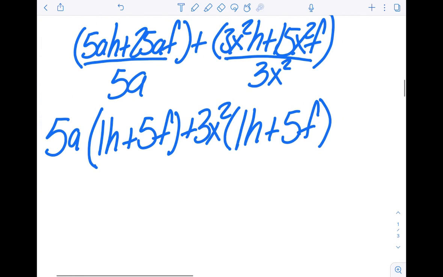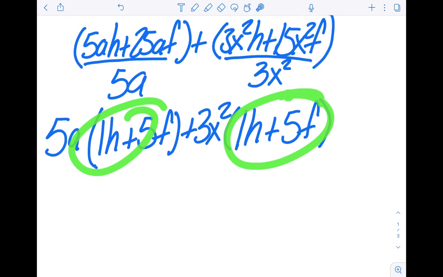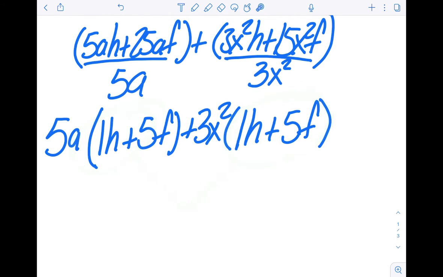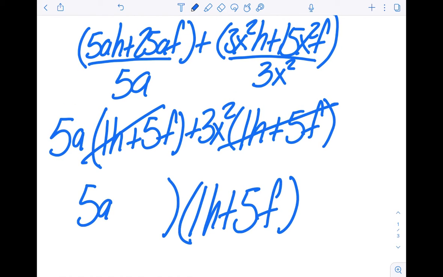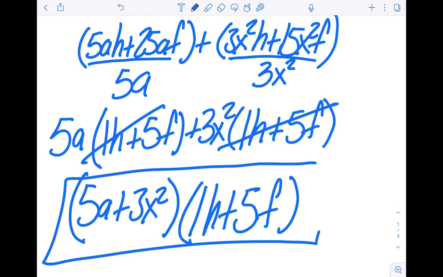Now, if you notice, look at that. That and that is the same. I can bring them and just make it 1. 1h plus 5f. So when I cross those out, because I wrote them as 1, the other 2 terms I'm going to write in a parentheses together. 5a plus 3x squared, and there you have it.